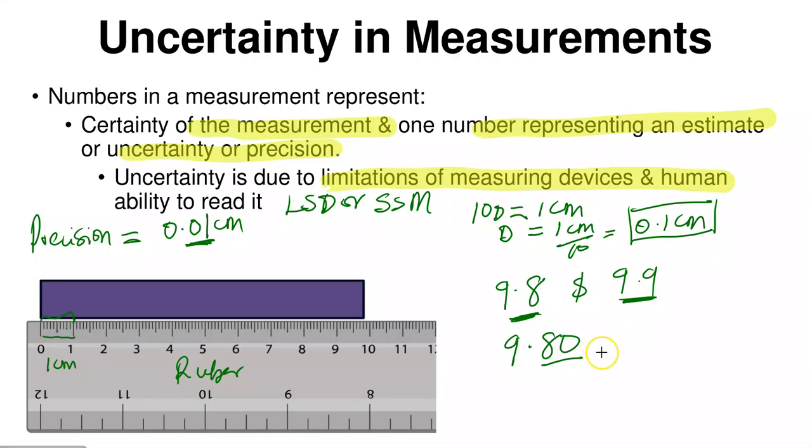Some other person can say it is 9.85. Some other person can say it is 9.84. Look at what happens here: these other digits are barely estimated. You cannot be precise about those measurements.